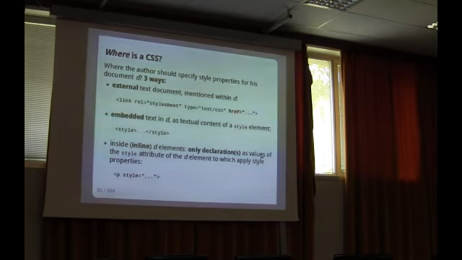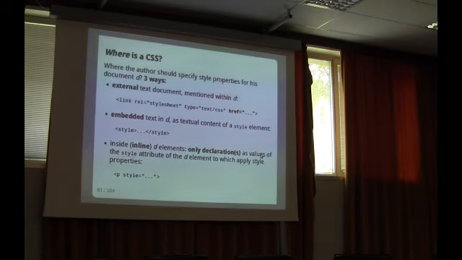Okay, I said that a CSS is usually produced by the same author of the web document. How can the author make the two documents work together? Usually, there are three ways of performing this task.